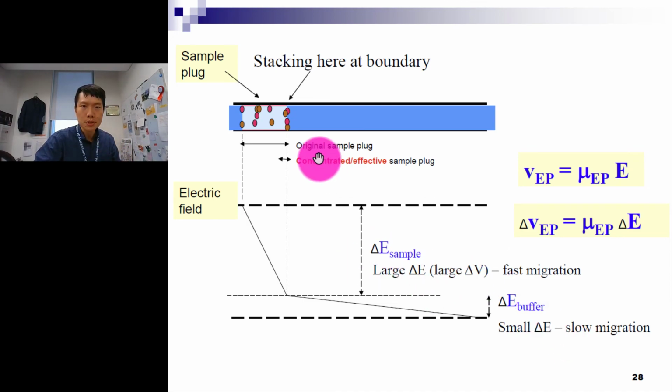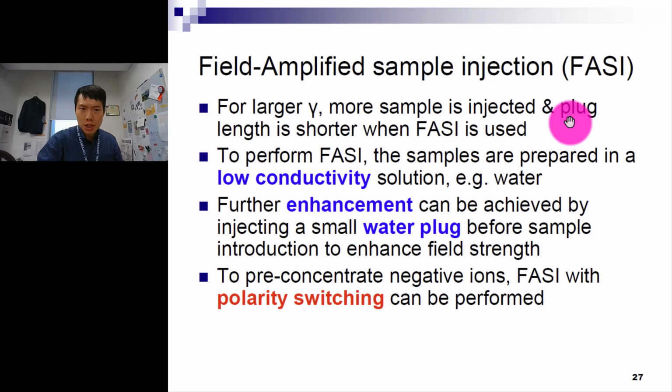I want you to look at this part, your sample plug, where you have a concentrated, effective sample plug. How do you do that? Sometimes we inject a bit of water. Why? Because the water has low conductivity, it's free of ions. So when you put in water, within the plug your ions will concentrate there.